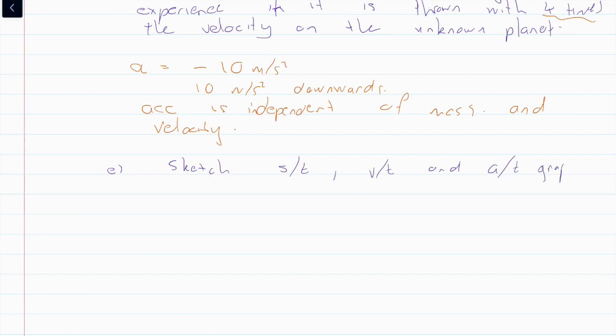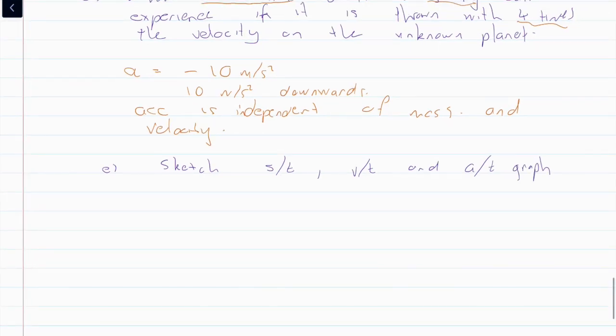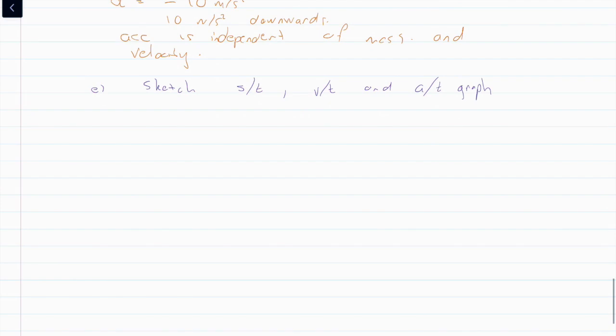So I'm sketching all of them, essentially the ones that we know how to sketch for this question, right? I'm going to start off with position in meters versus time in seconds.